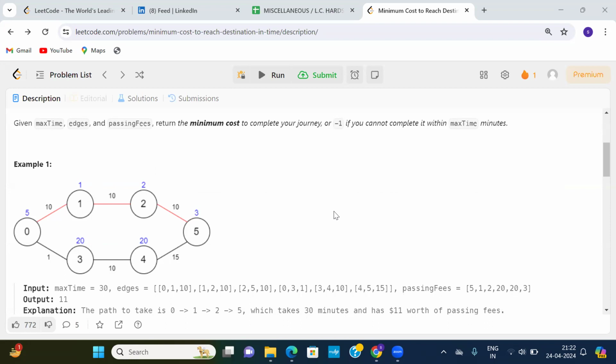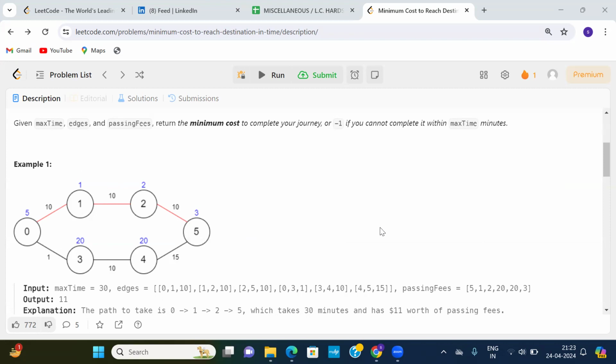What does the question say? We need to return the minimum cost if we want to complete the journey from node 0 to node n minus 1. Here node 0 is there, here node 5 is there. So we need to find the journey from node 0 to node 5 which requires the minimum cost.